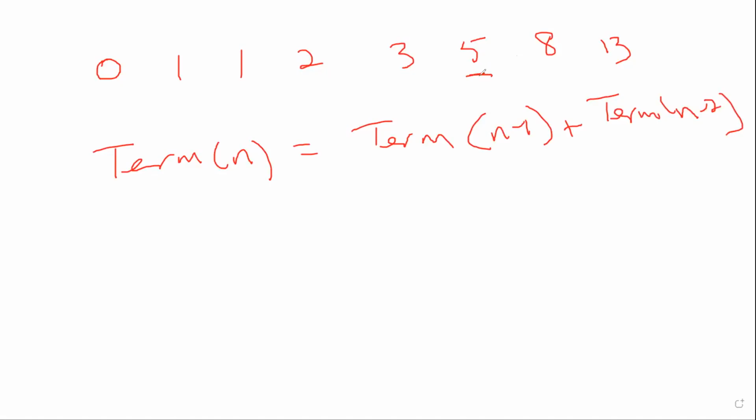So if this is n minus 1 and this n minus 2, this term is equal to this plus this, and this is equal to this plus this. So the previous two terms will add up to give you the next term. 8 and 13 is 21, and so on, 34, etc. That's the Fibonacci sequence.